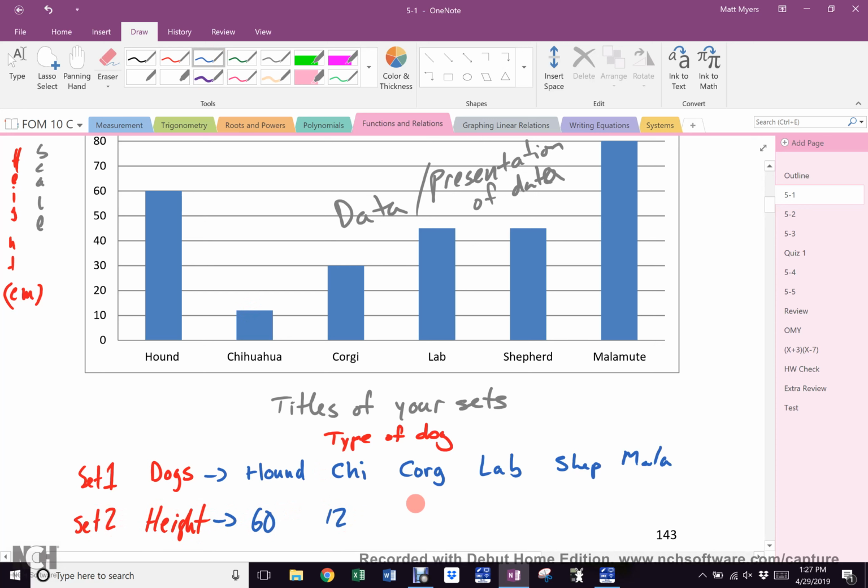Okay, 12, 30, 45, and 80. Is everybody cool? Right? And now we have a relation, yes? Because we have compared one element, a hound, to another element, a height. And hounds are 60 centimeters tall. Is everybody good? Everybody understands?